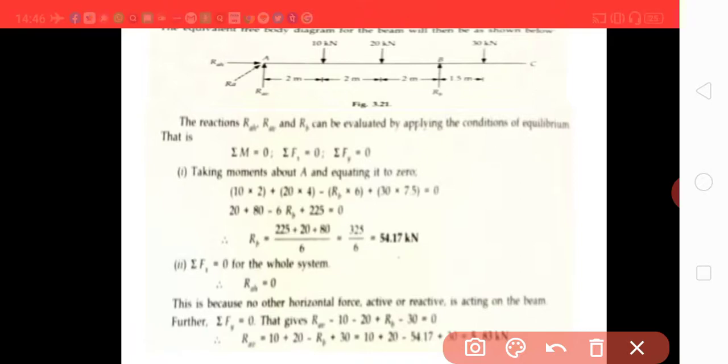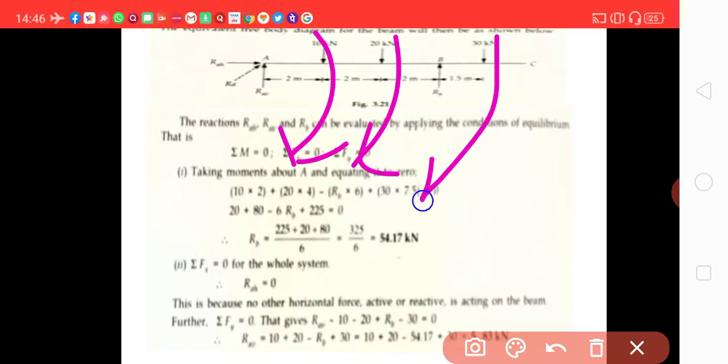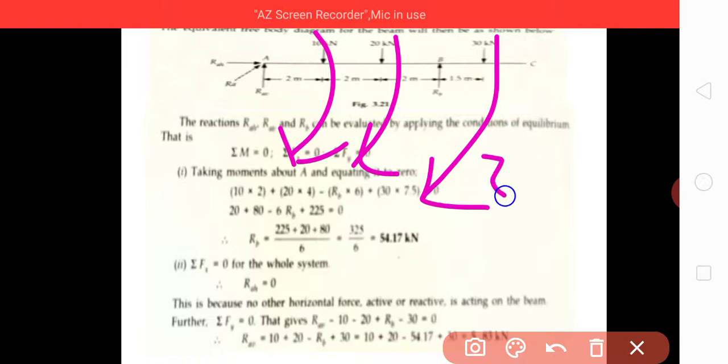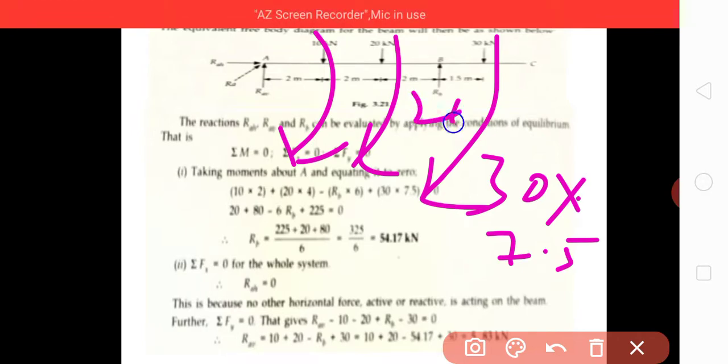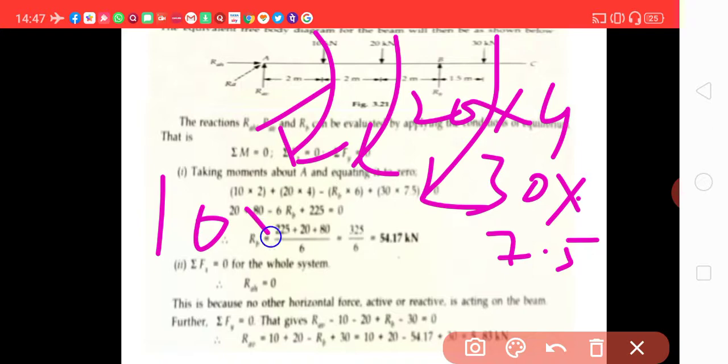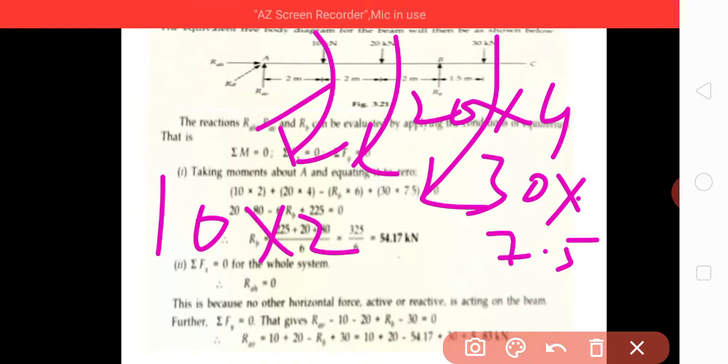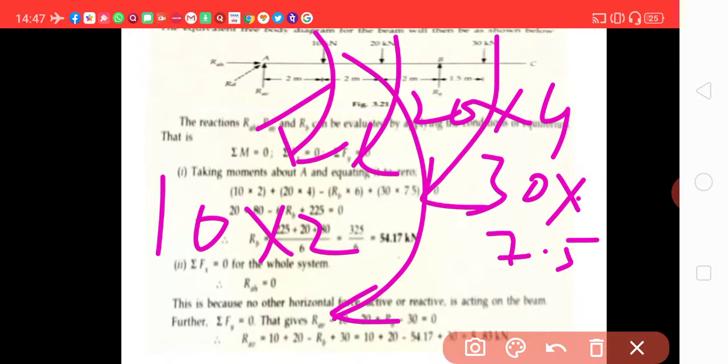Other forces, that is 10 into 2, 20 into 4, 30 into 7.5, are all clockwise.